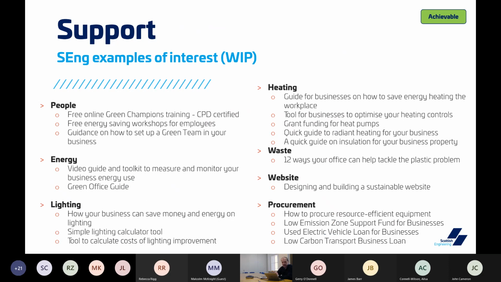So looking at, again, the example of Scottish Engineering, I can look at support for people and people training. I can look at support for the energy sector, the lighting. Think about Scottish Engineering as an organization here. Heating, waste, about the website, which is one of the biggest tools we've got, the most effective tool we've got, and procurement.